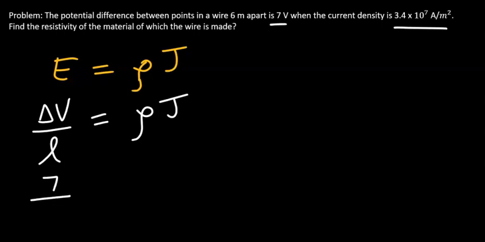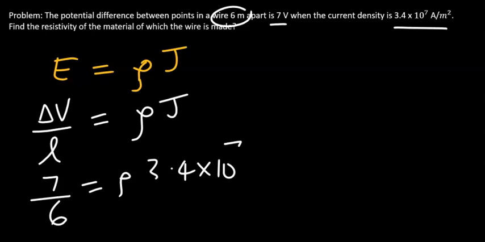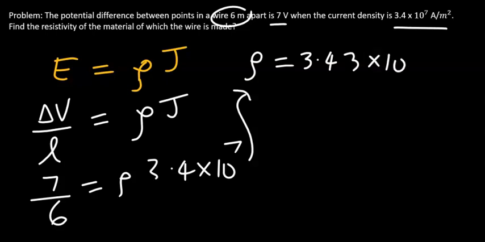So 7 over 6 meters, that is how far the points are apart, equals resistivity times the current density, which is 3.4 times 10 to the power 7 ampere per meter squared. And this enables us to determine the resistivity, whose value is found to be 3.43 times 10 to the power minus 8 ohm meter. And that solves the problem.